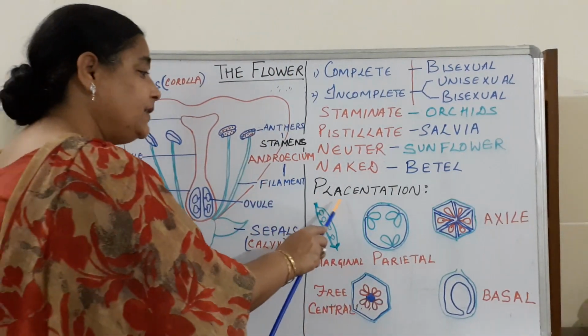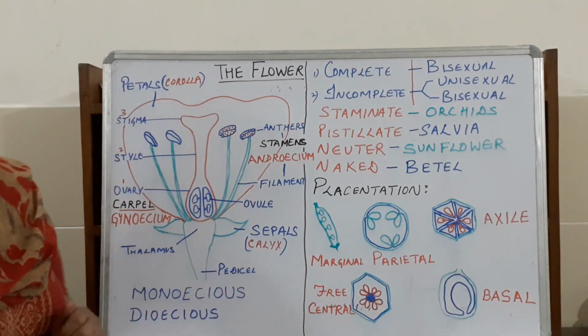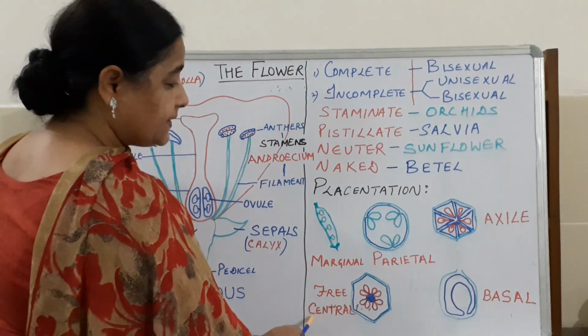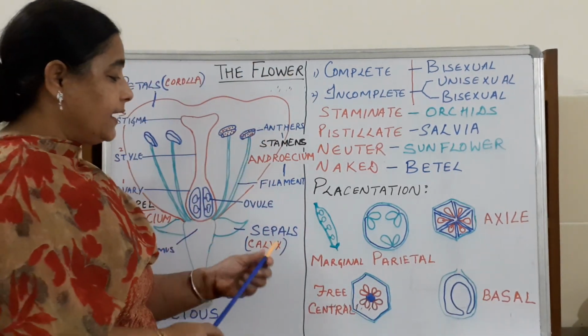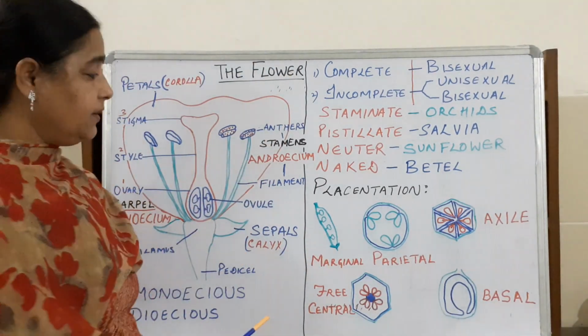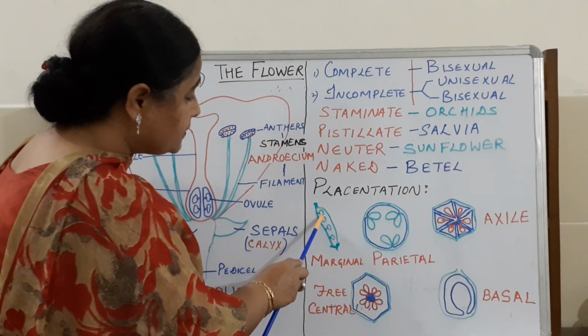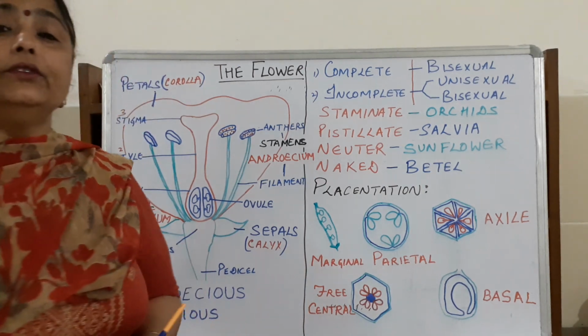Now this placentation can be of varied kinds. It may be marginal, parietal, axile, free central or basal. In the case of marginal placentation, the example is pea, where all the ovules are arranged on one margin of the pod.